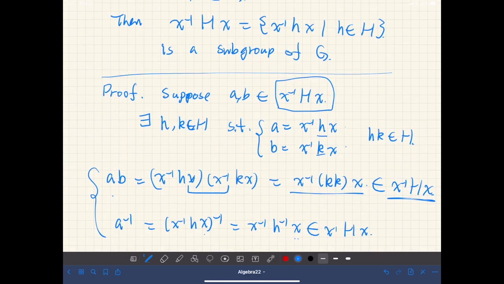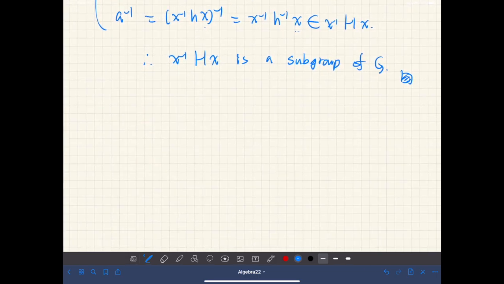Now, based on this lemma, let us define some new notions. Here's the definition.